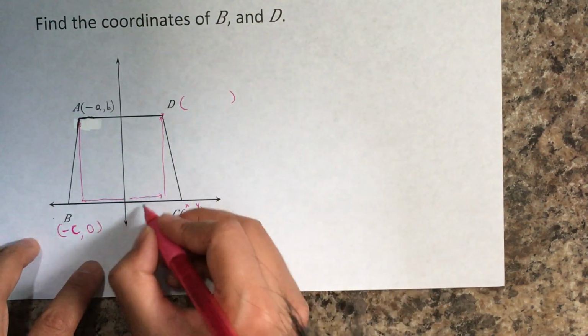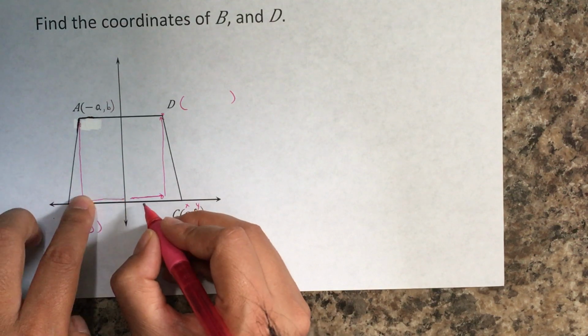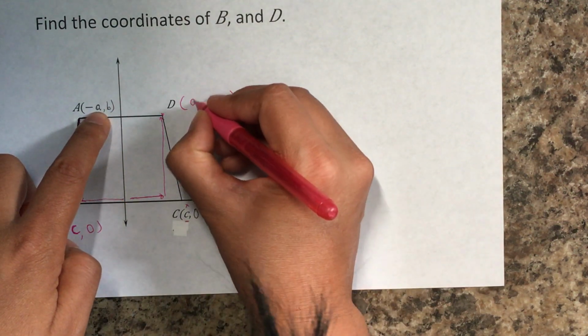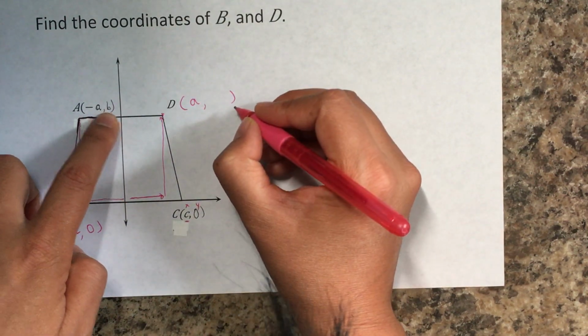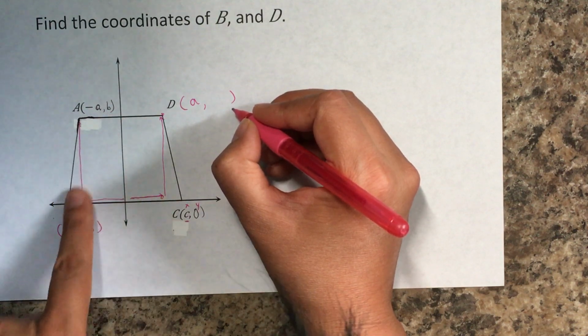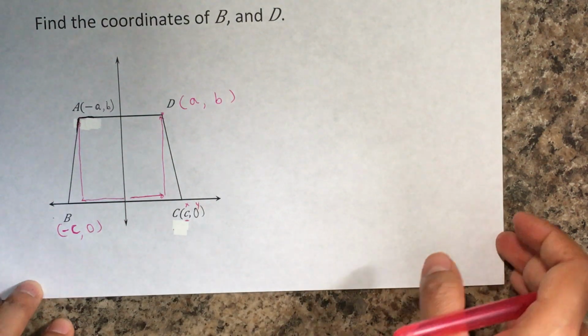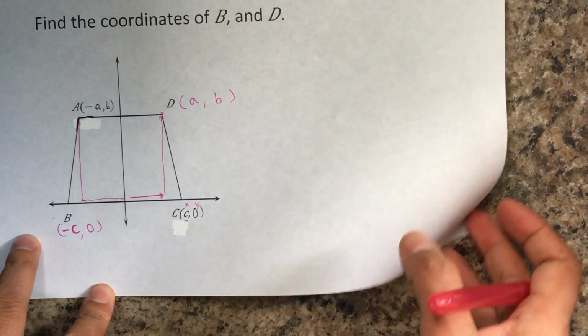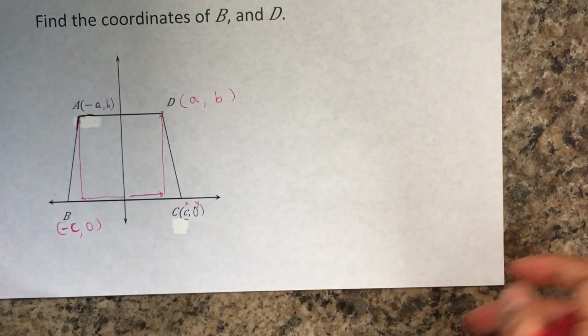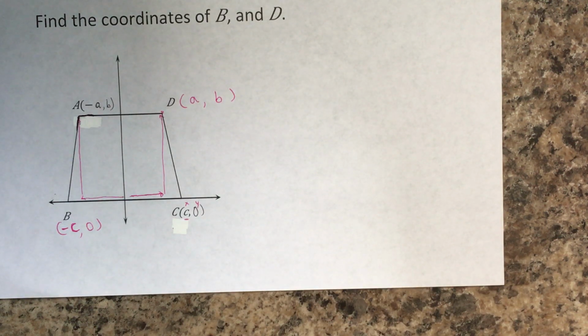So how does this compare? Well, it's the same distance as this, but it's positive because it's going to the right. And then this is the same distance and both are going up, so it's going to be positive as well. Okay, so hopefully this is helpful so that you can complete 11.1, and I hope you have fun.